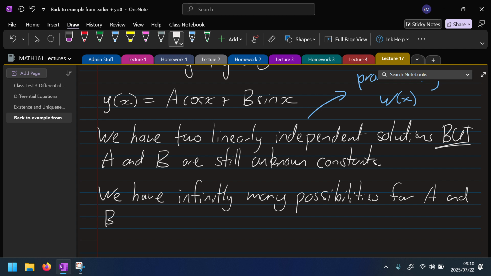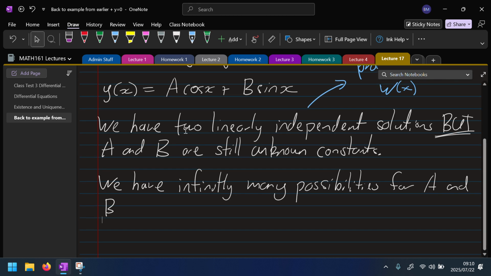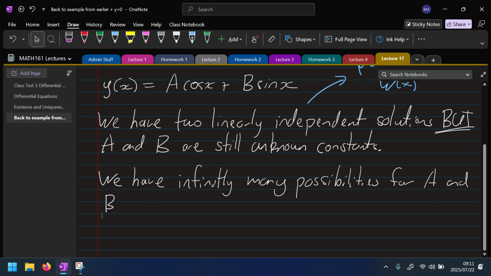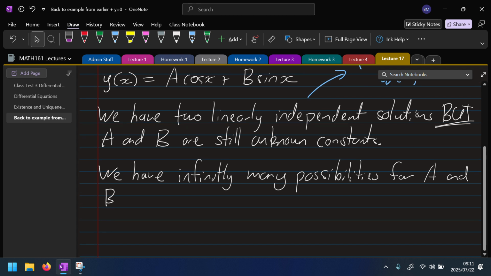So we can have A is 0, B is 1, both of them being 1, A is 1, B is 2. You can pick whatever you like. We end up with infinitely many possibilities. So if we have infinitely many possibilities for A and B, we have infinitely many possibilities for this y of x.